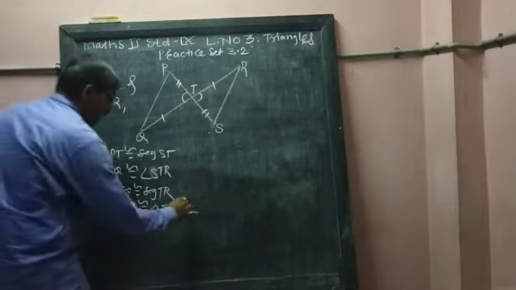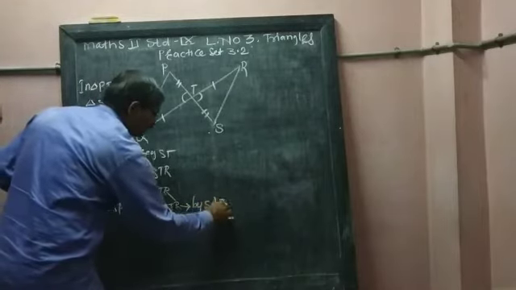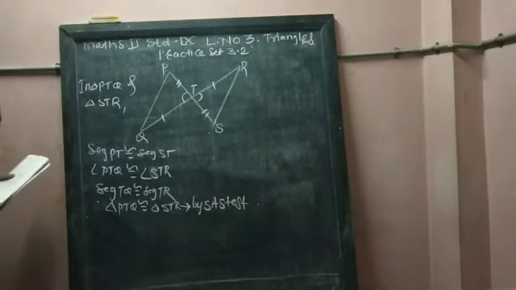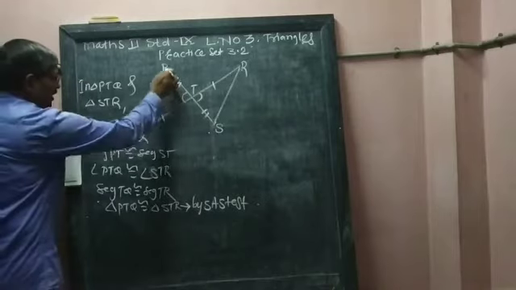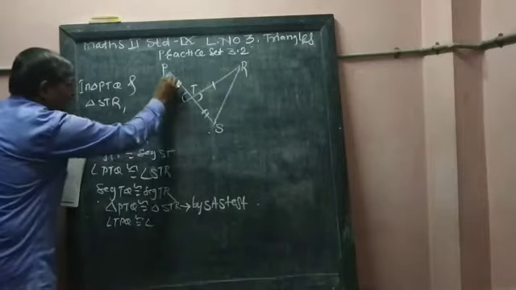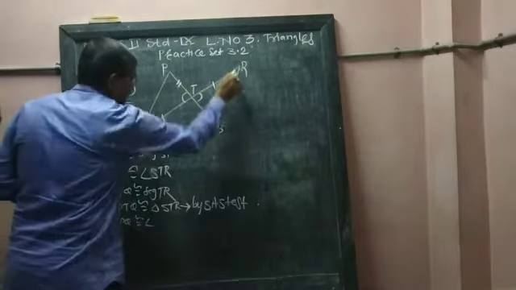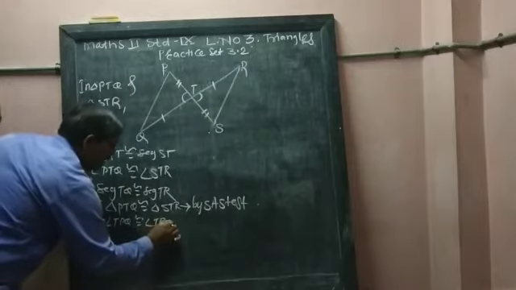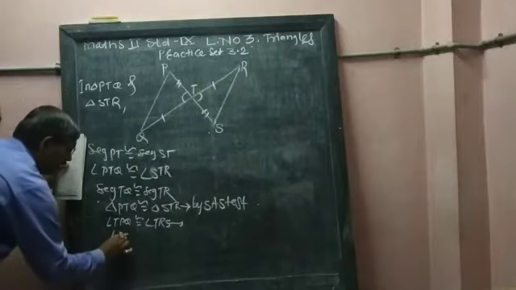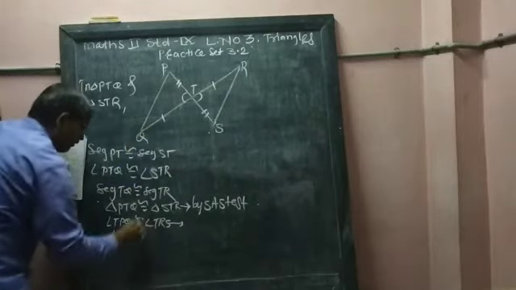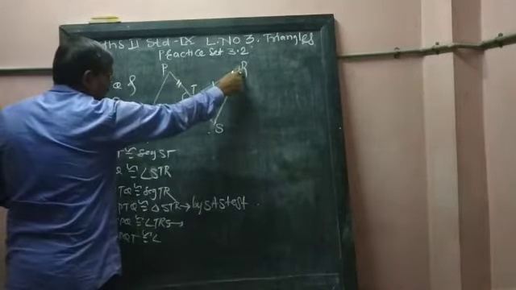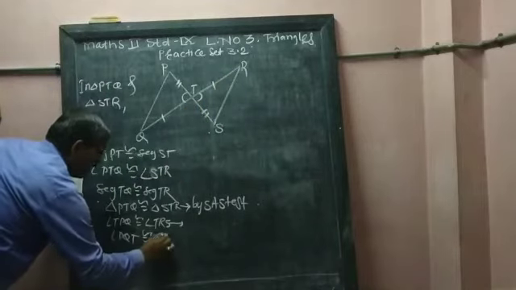By which test? By the SAS test. Then we have to write the remaining. Angle TPQ is congruent to angle TSR. Again, angle PQT is congruent to angle RST.